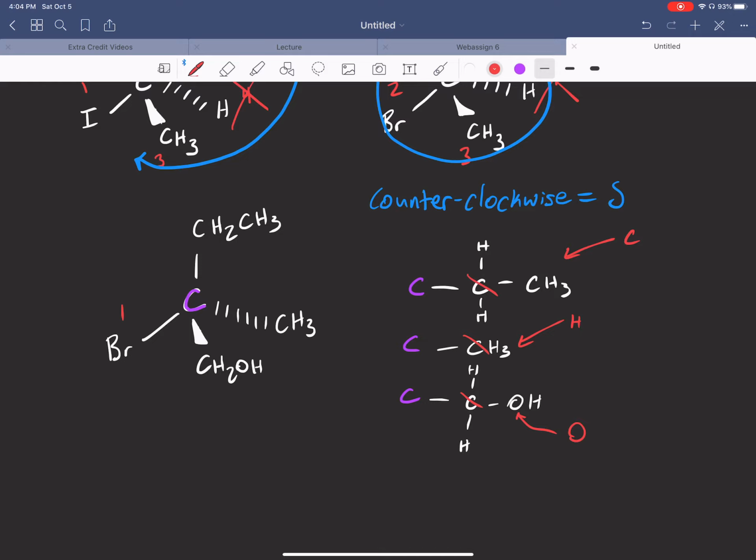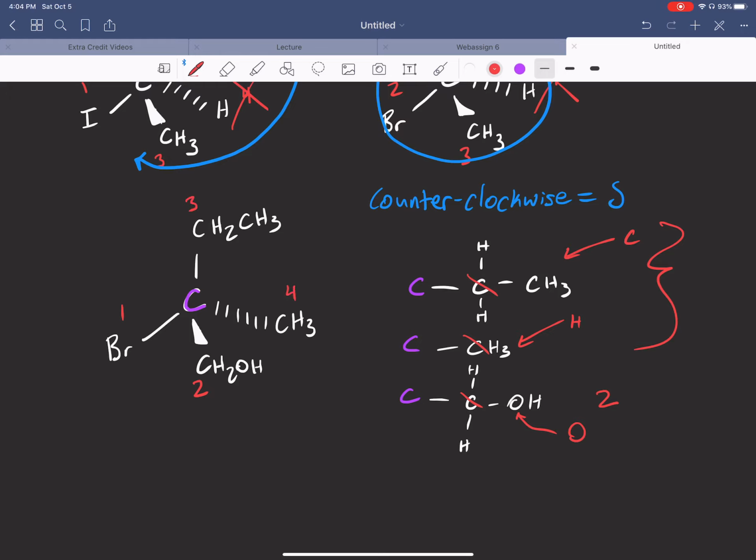So this one right here, the lower one, would get the second priority, number 2. So this whole group gets the second priority. All right. Now what about number 3? Between a carbon and a hydrogen right here, the carbon gets the higher priority. So this would be number 3, and this would be our number 4.